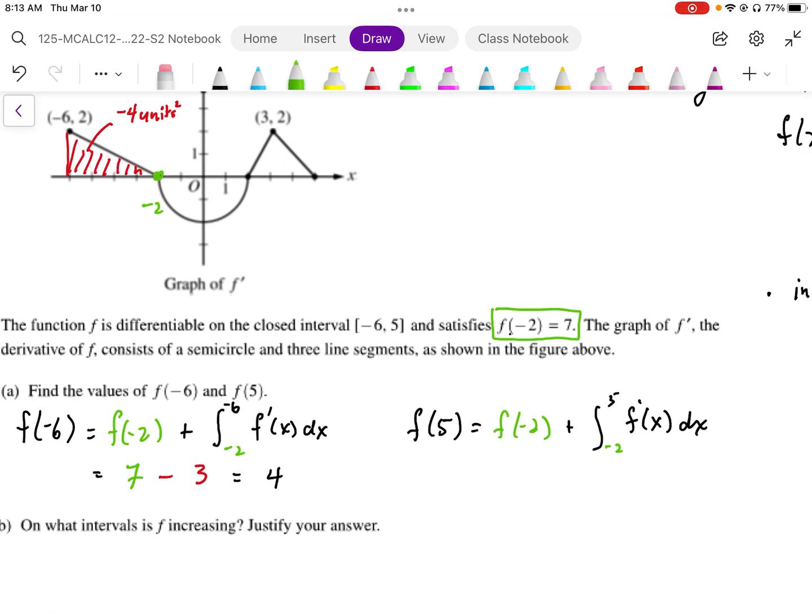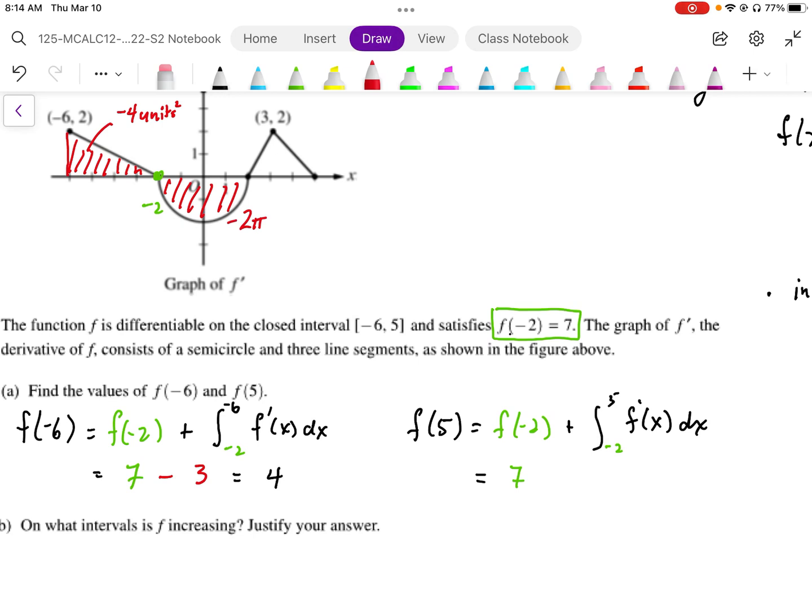So to calculate the coordinate then, we're going to start with 7 and work out the displacement. So the displacement going to the right is going to be this semicircle. It's below the x-axis, so it's going to be negative area. The radius is 2, so it's going to be pi r squared divided by 2, which is -2 pi.